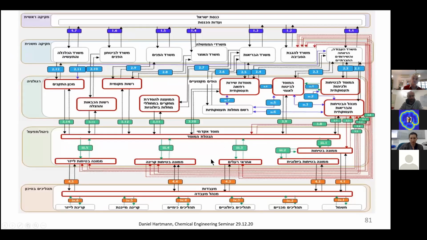Just a student of mine, she finished a month ago. She started to analyze the safety of laboratories at universities, academic institutions, and it's so complex. She needed half a year, and it's her specialty. She's working in safety.